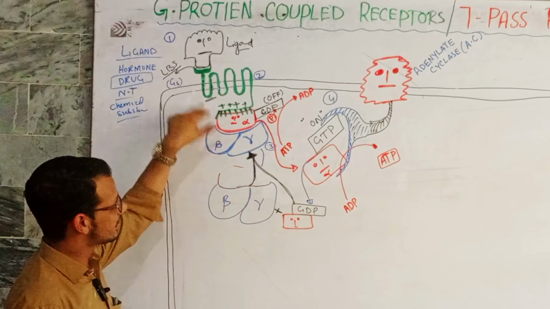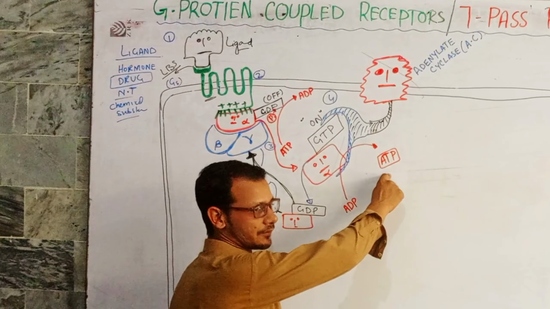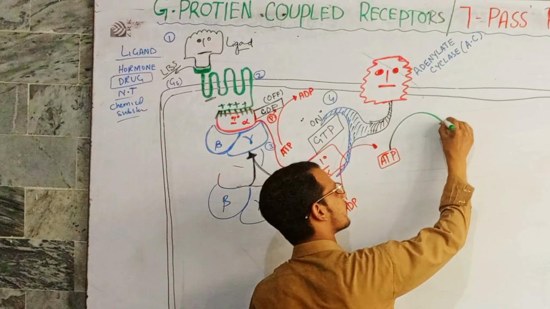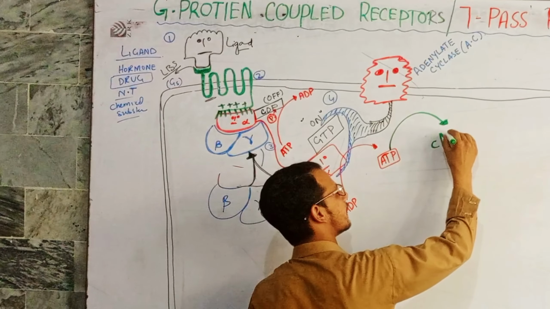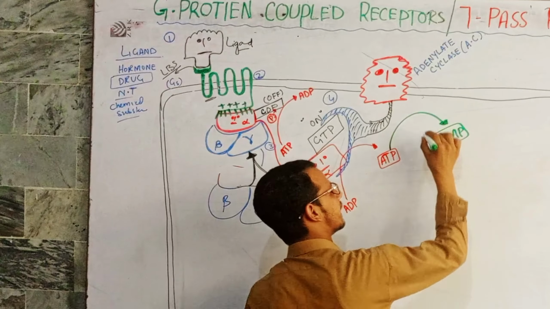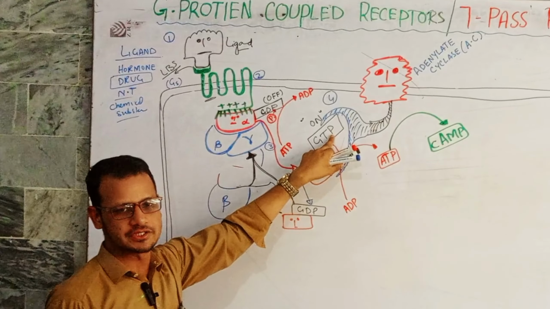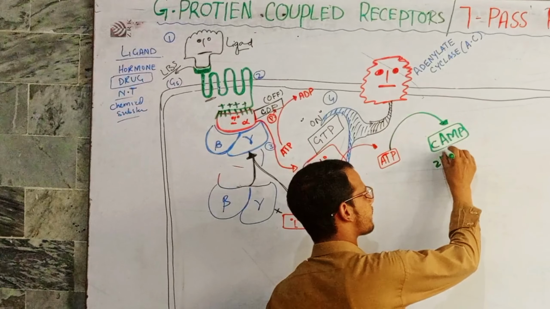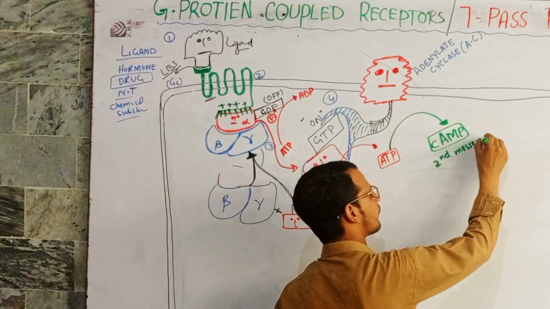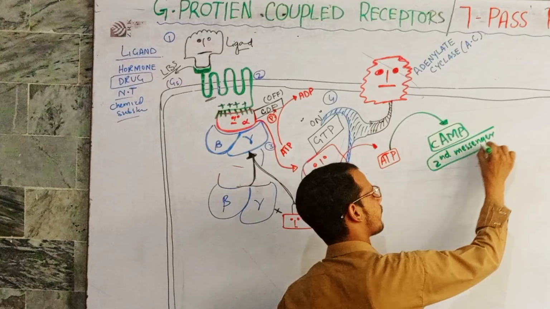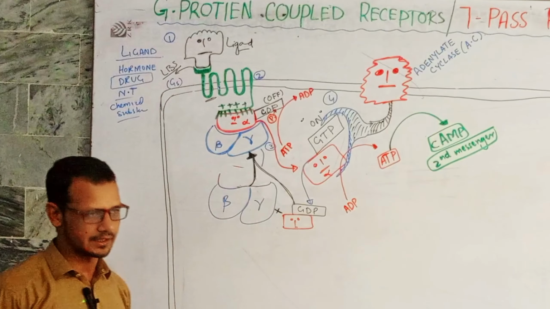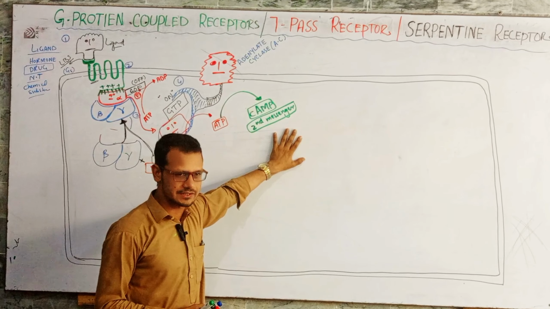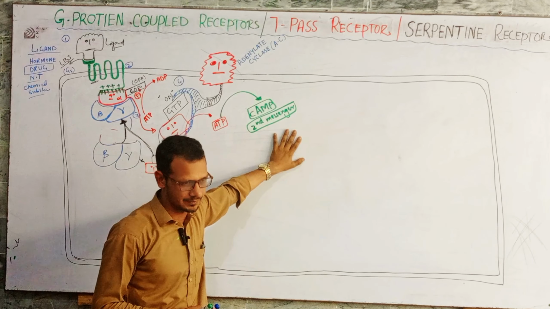So here the cycle remains, but this ATP converts into cAMP by the inorganic phosphate which is coming from GTP, right? So this is mainly the second messenger, and all the other biological responses occurring inside the cells are dependent on the second messenger.